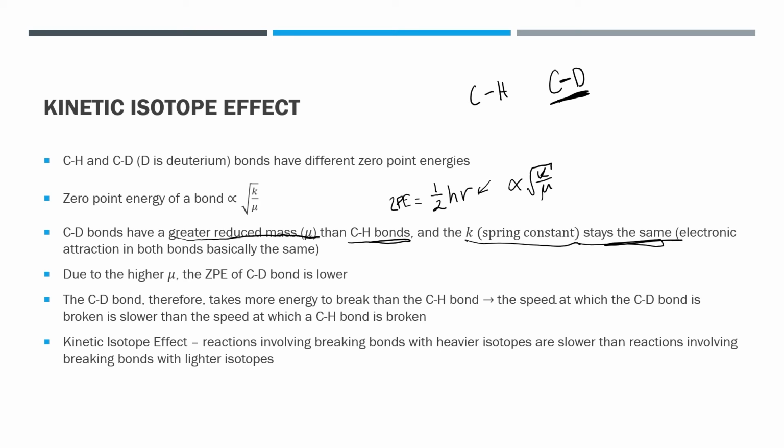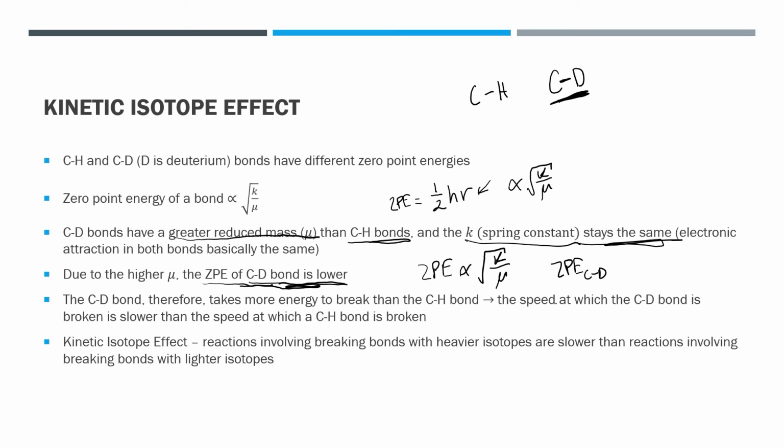So what does this mean? Now if we look at our equation, 0 point energy is proportional to square root k over mu, but for the 0 point energy of CD, our mu is greater, so that means our 0 point energy is lower. So due to the higher mu, the 0 point energy of the CD bond is lower. Okay, so what does this mean?